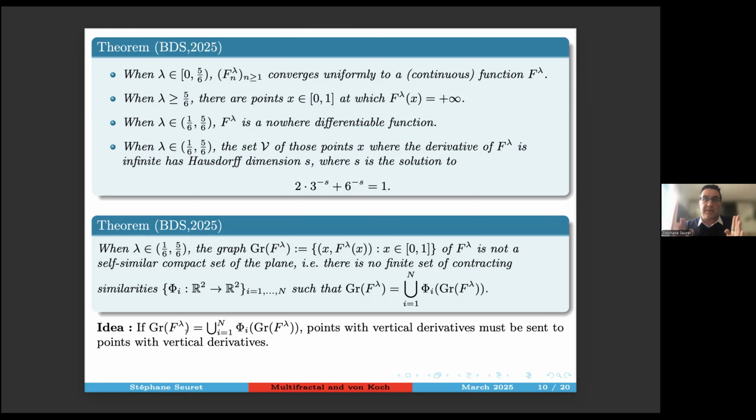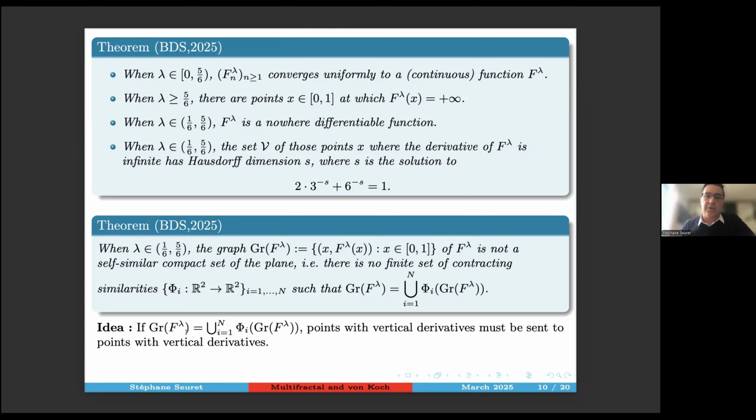And so it means that the rotation angles phi should be either 0 or pi. There are no other options, because vertical derivatives must remain vertical, right? And so the copy is either a scaled copy, but smaller, with the same original direction as the graph, or a reversed, upside down version.